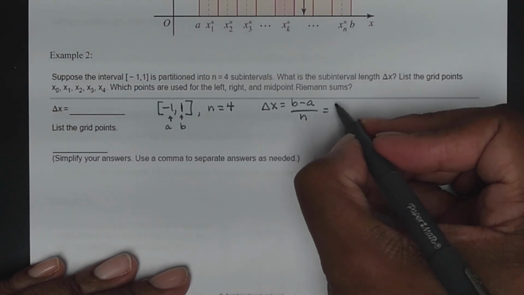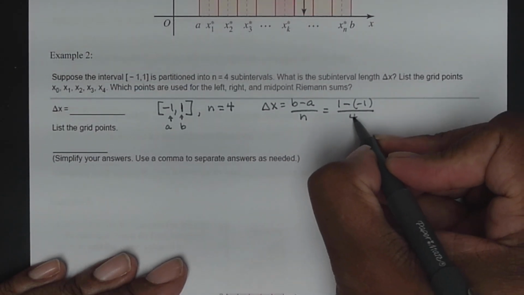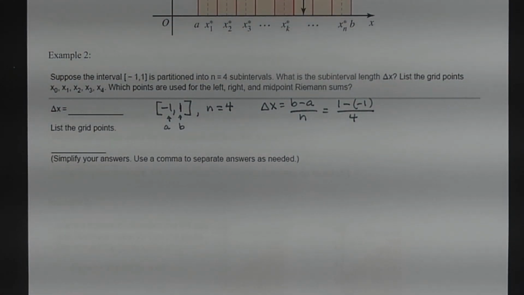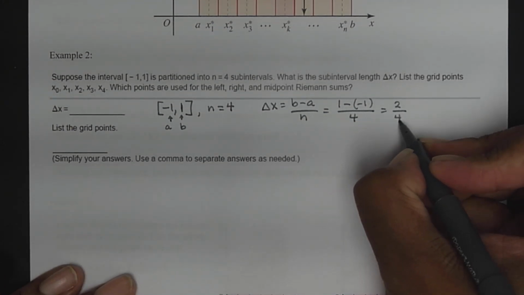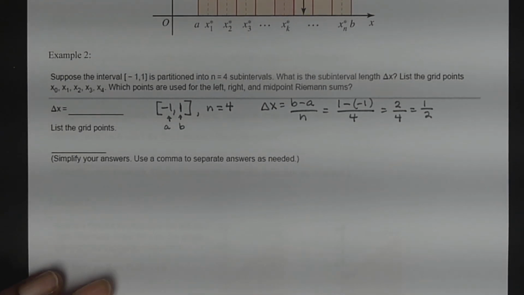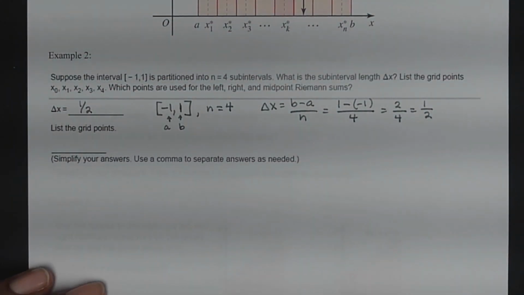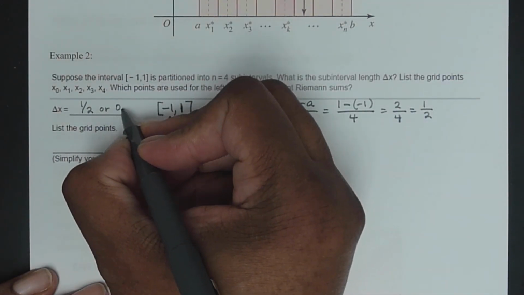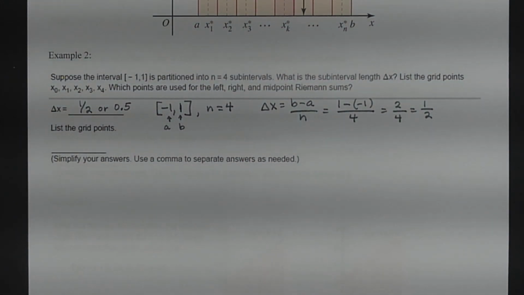So here your b is going to be 1 minus a, which is -1, divided by n, which is 4. So 1 minus -1 is 2, and 2 divided by 4 is 2/4, but we can reduce that to 1/2. So our delta x is going to be 1/2, or, as a decimal, 0.5. That's just 1 divided by 2.